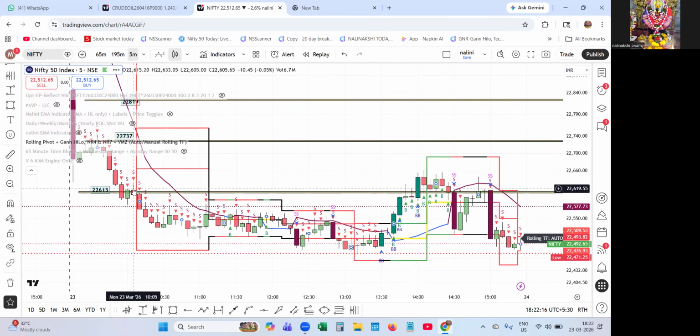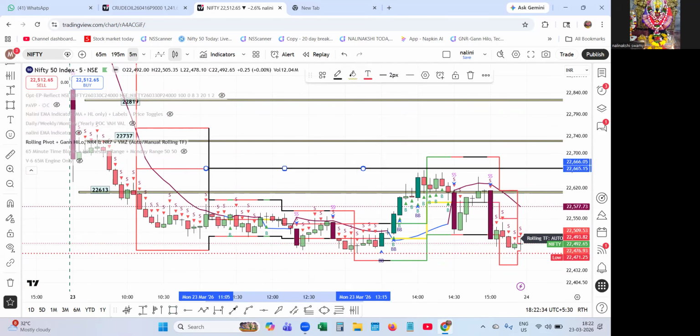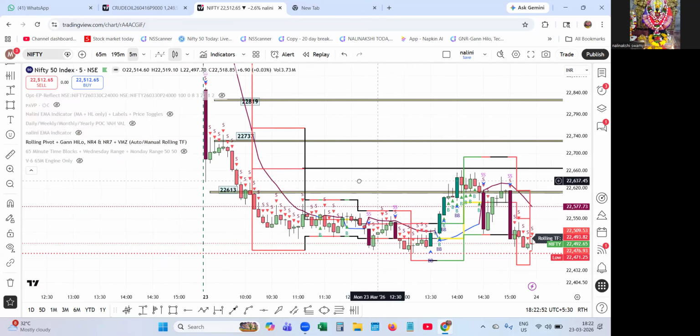It started climbing above the pivot, but this was the second 15 minutes, second hourly. The box has formed over here, a regular box. So this is also a reference point. You keep it. Beautifully, after 3 hours, the market traded in a down move below this and tested this 22,654.